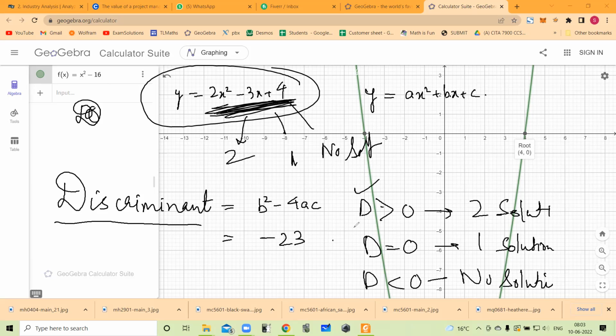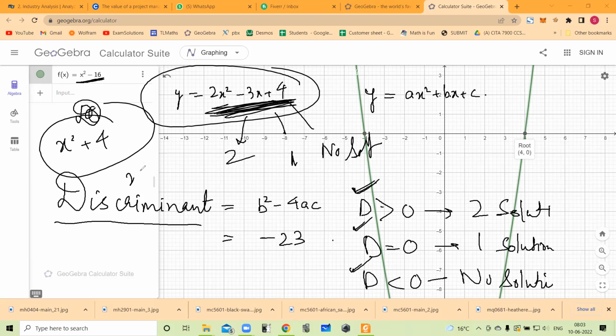Wouldn't you know that if your y-intercept is 4, then it's above the x-axis? Exactly. That is also one of the ways of understanding it. If the equation is written like x squared plus 4, then you can say it has no solution because it is above the x-axis.